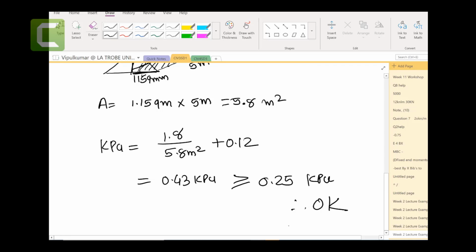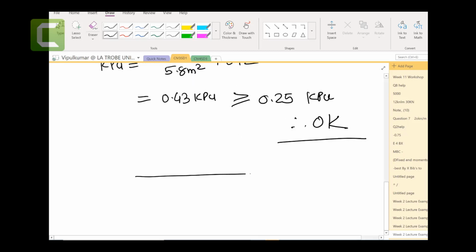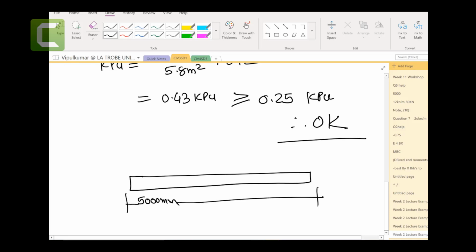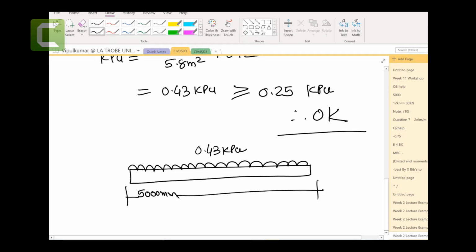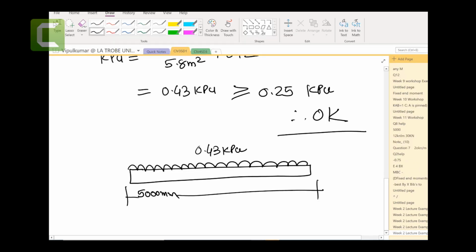Therefore it is okay. If I draw the purlin, which is 5000 millimeters long, the live load is 0.43. This live load is coming from persons walking onto the roof, the maintenance persons.